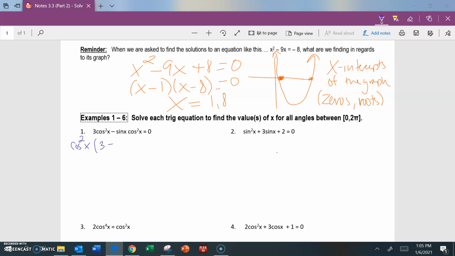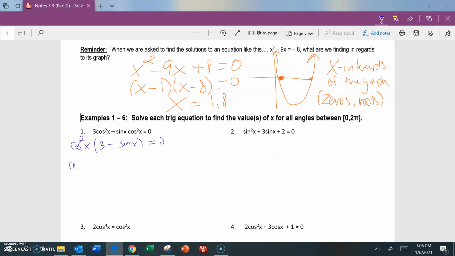We are left with 3 minus the sine of x, and that equals 0. Now we can use the zero product property that we used in our last set of notes.